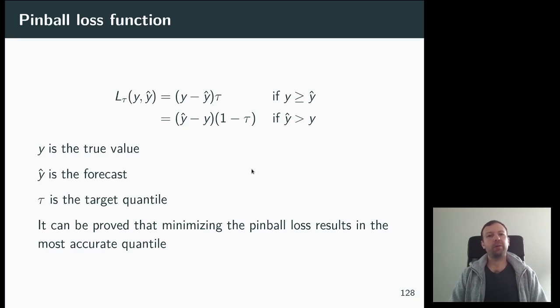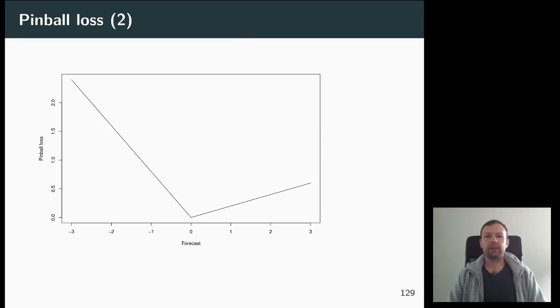And there are theoretical results that prove that minimizing this loss function actually results in the most accurate quantile. Just as an illustration, this is how this loss function looks. It's asymmetric. So basically, in one direction, the loss grows slower than in the other direction. And that obviously all depends on the quantile you try to predict, right? So if you predict different quantiles, this loss function changes.